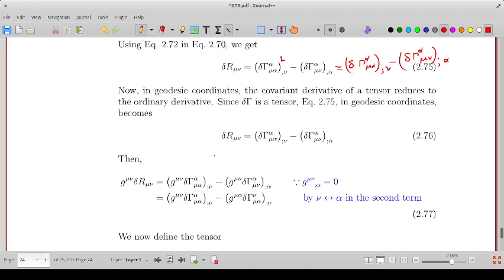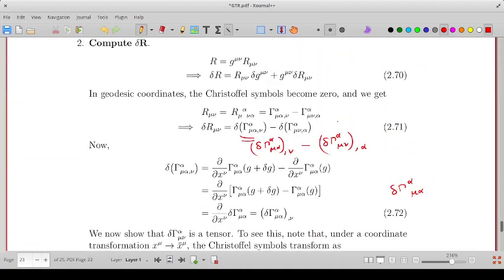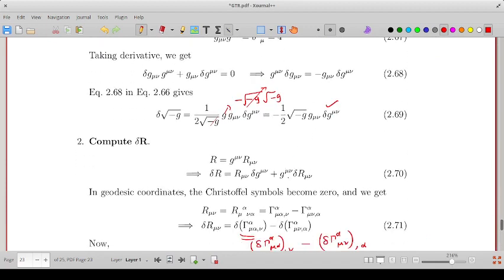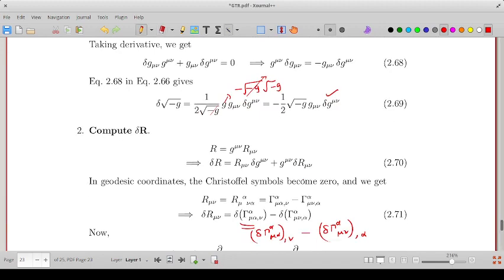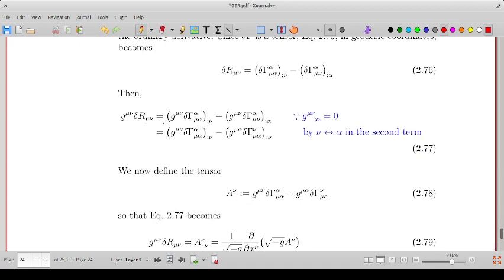So now we take the inner product with g mu nu because that is what we need here. So when we do that, if I multiply it with g mu nu, I have to do that over here, g mu nu, and here also g mu nu.